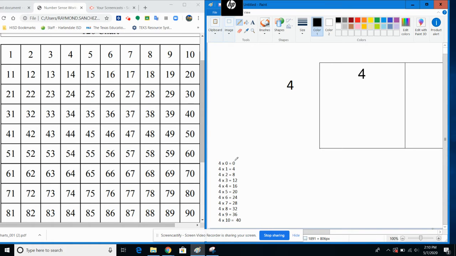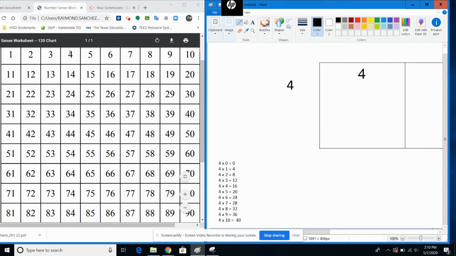Now, to find your product, you know anything times 0 is going to be 0, and anything times 1 is going to be that same number that you're multiplying by. Since you already know you're multiplying by 4, you're just going to continue to add 4.